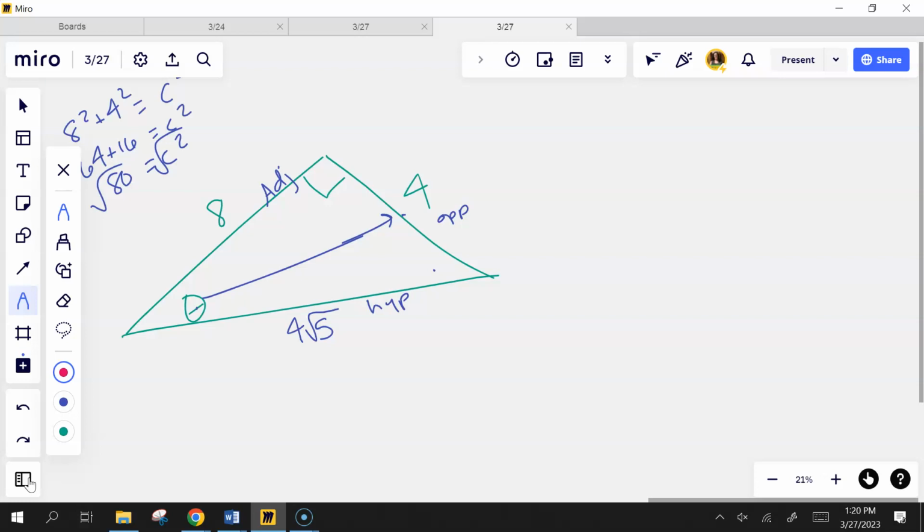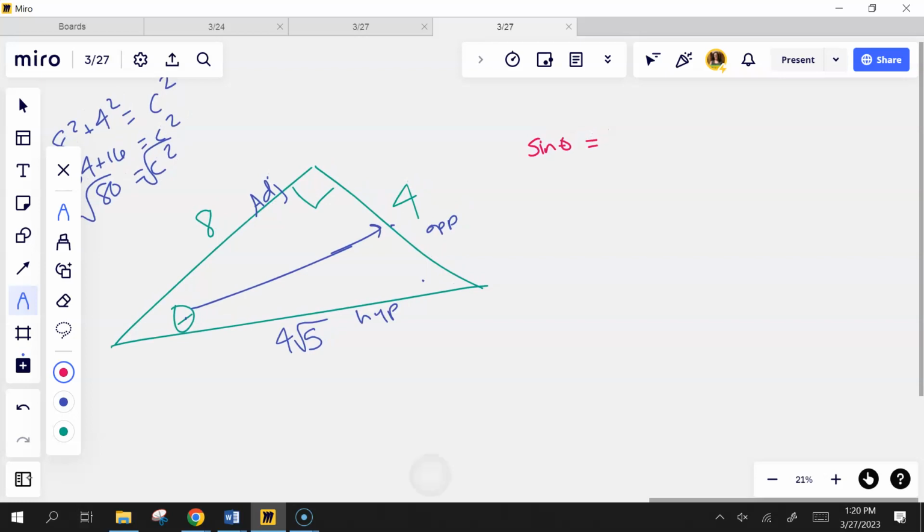All right. All 6 trig functions. Watch what happens. The sine of theta equals, what's opposite over hypotenuse. There you go. So I take the opposite side, which is 4, over the hypotenuse.